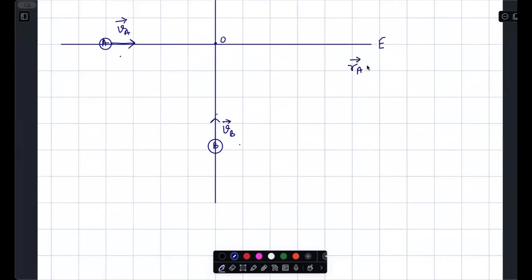RA bar is the position vector of A with respect to the standard origin. RB is the position vector of B at some instant t equal to 0.